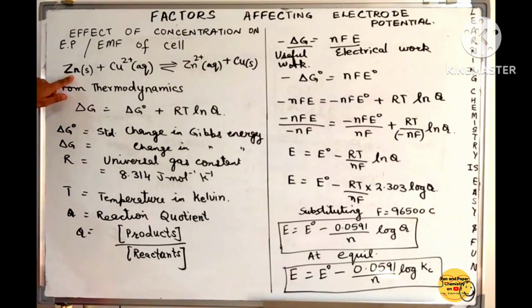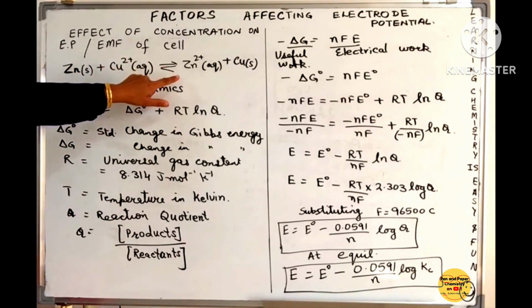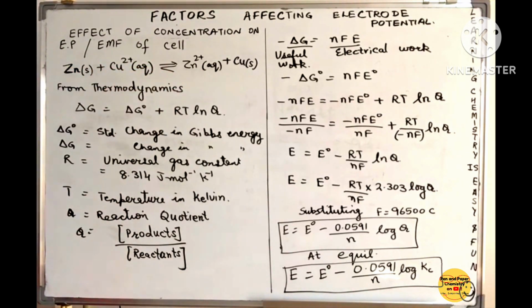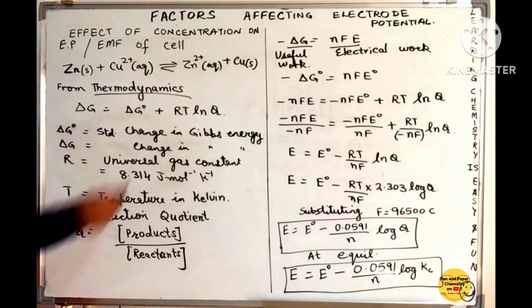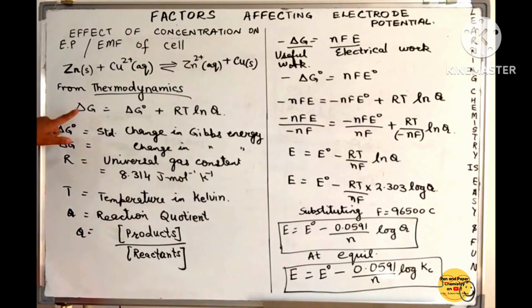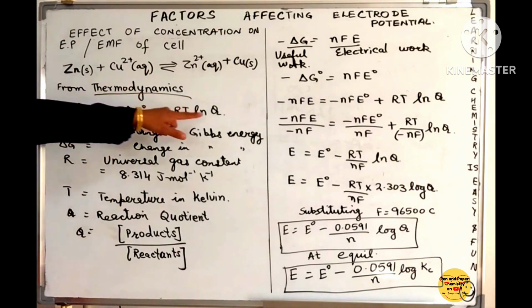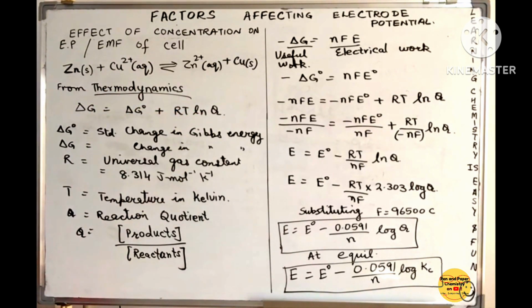You have done equilibrium reaction, and we are representing a simple galvanic cell as an equilibrium reaction: Zn solid plus Cu2+ aqueous in equilibrium with Zn2+ ions in an aqueous solution plus Cu solid. Now we've already done under thermodynamics the relation between the Gibbs energy and the equilibrium constant, and here it is the reaction quotient to be specific.